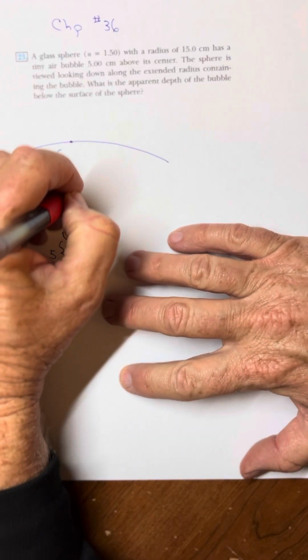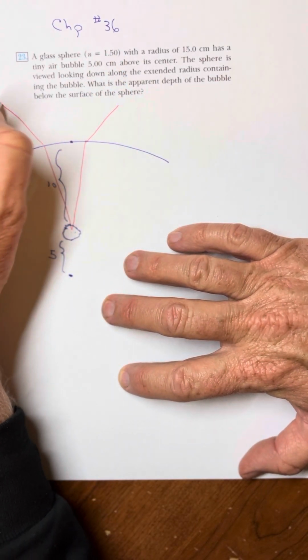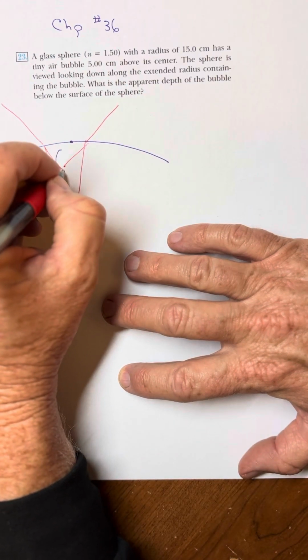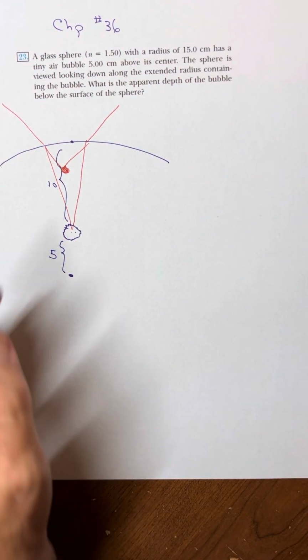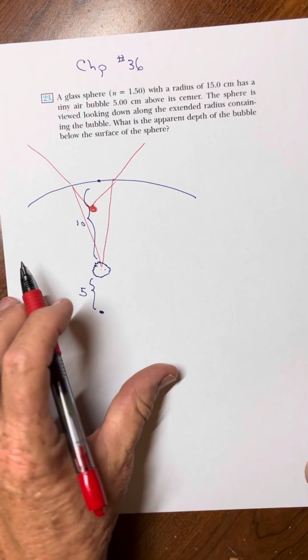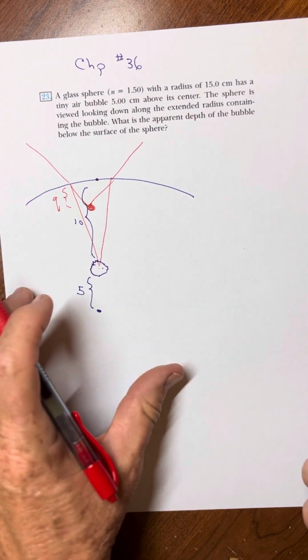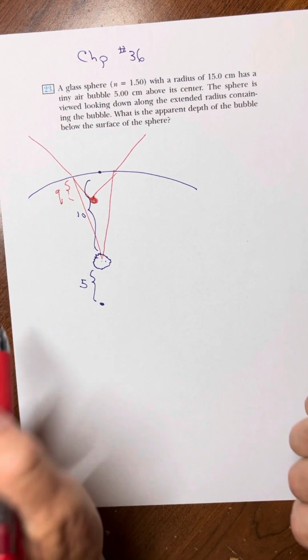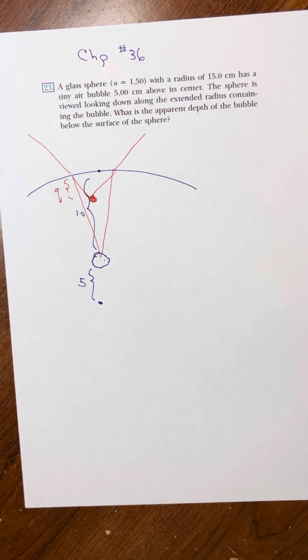So the light's going to come up and then bend away from the normal, and appear to be coming from still inside of the sphere, but at some smaller distance than 10. So this would be Q. And getting our sign convention straight, hopefully Q comes out to be a negative number.